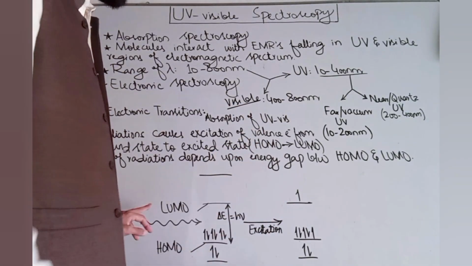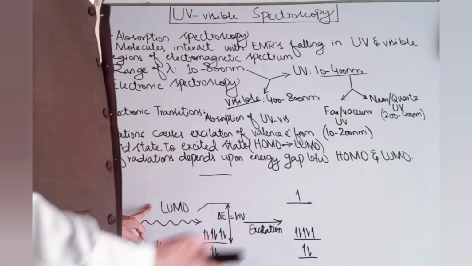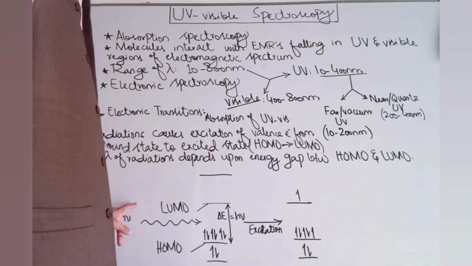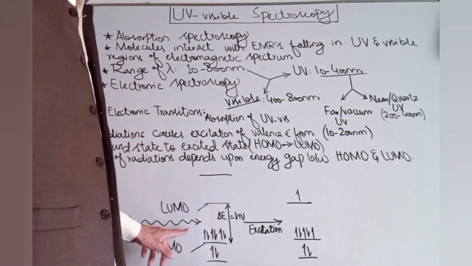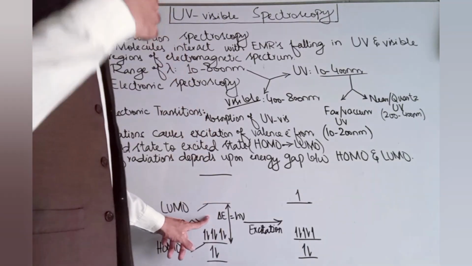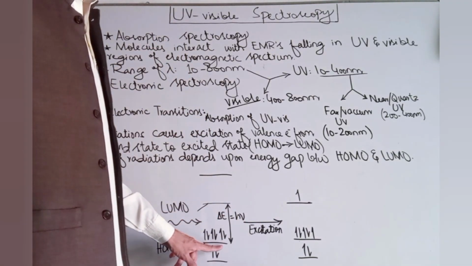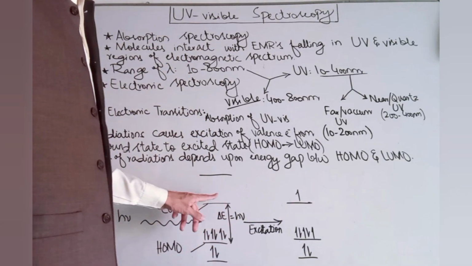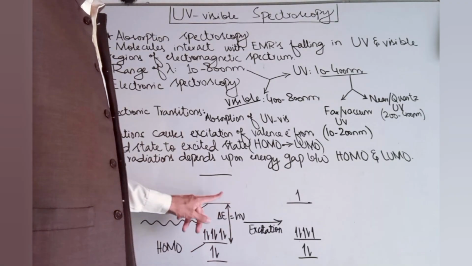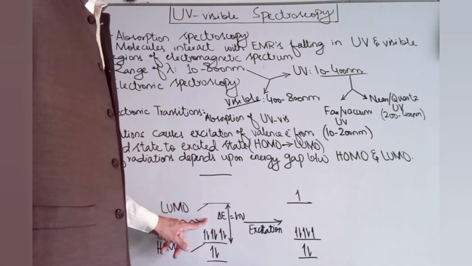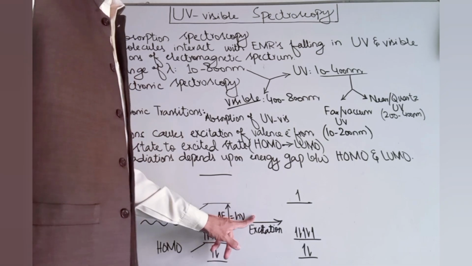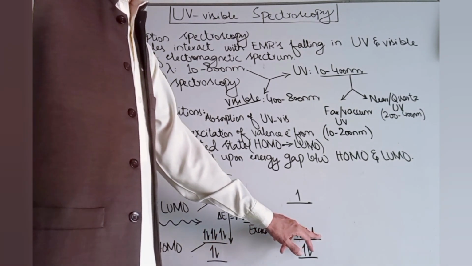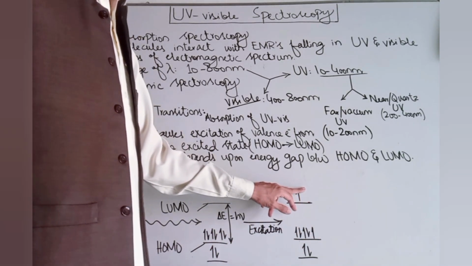Only in that condition the electronic transition would be possible. So whenever this radiation is irradiated on the molecule and the molecule absorbs the energy, one of the electrons from the HOMO is shifted toward the LUMO. This is ground state, this is excited state. So upon the absorption of radiation, excitation occurred and one electron has shifted from HOMO toward the LUMO.